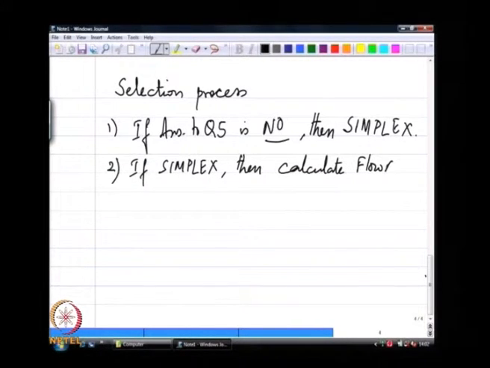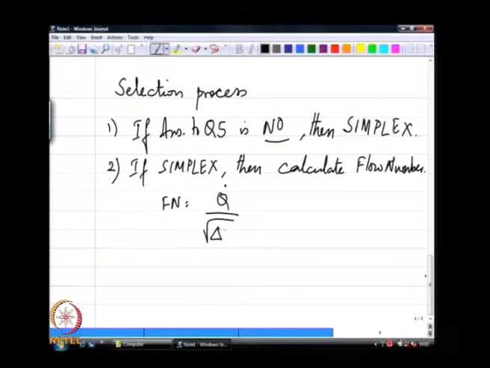You can calculate a number called the flow number. This flow number, in very crude terms, is defined as q dot over square root of delta p.